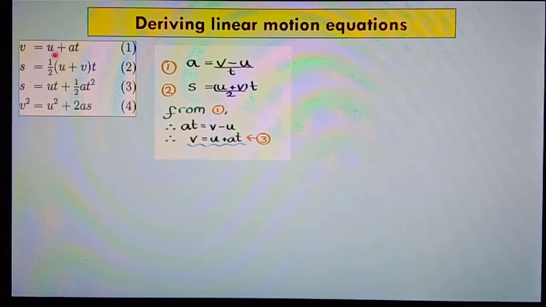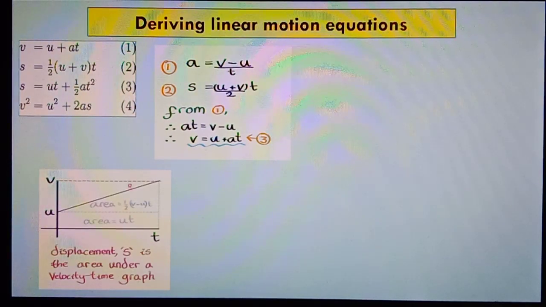Now we look at the second one. How can we derive the second equation? By looking at the v against t graph, velocity against time graph, displacement s can be determined by the area under the graph.